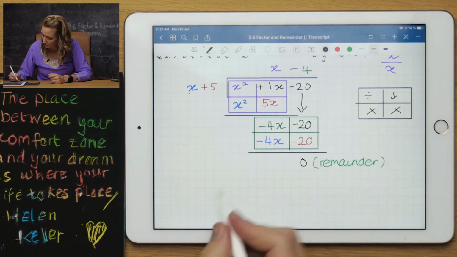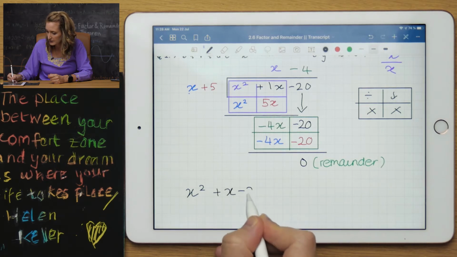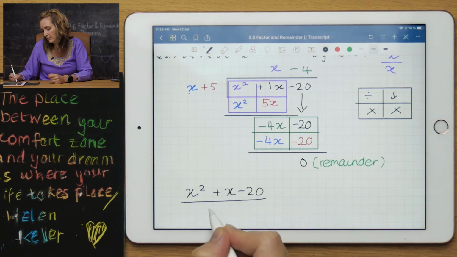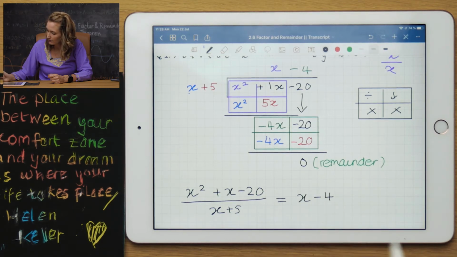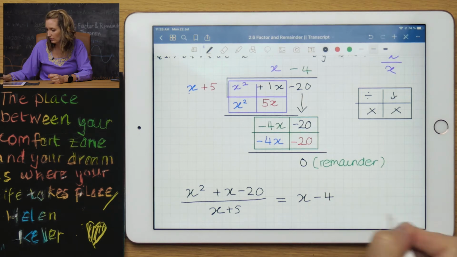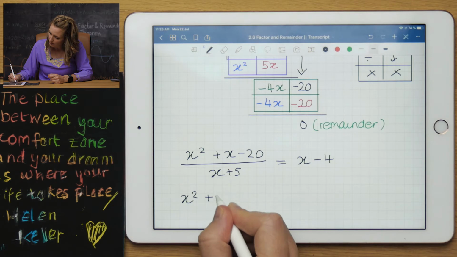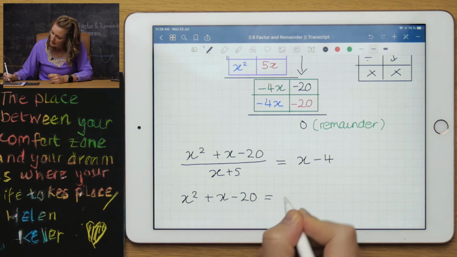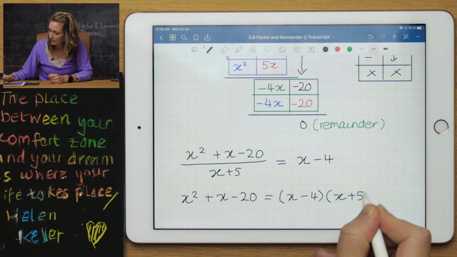If you want, you can write it like this: x squared plus x minus 20 divided by x plus 5 gave us an answer of x minus 4. We didn't have a remainder, but the remainder would be added on here. Or you can write it like this: x squared plus x minus 20 is equal to x minus 4 times x plus 5.